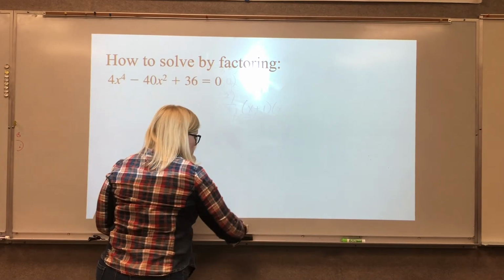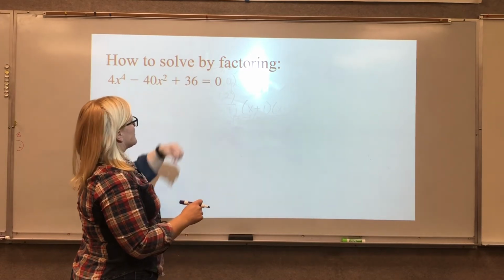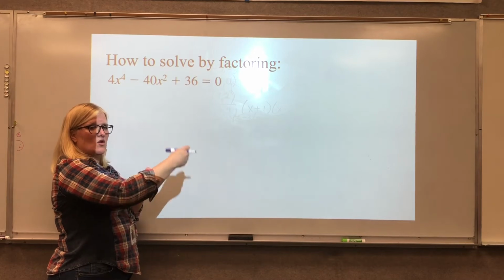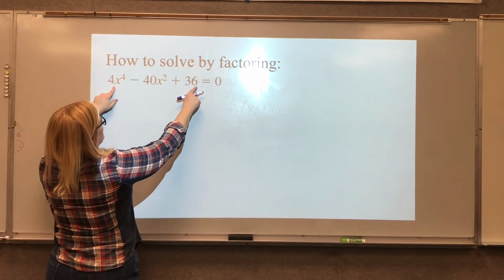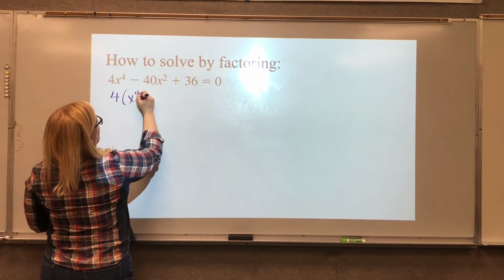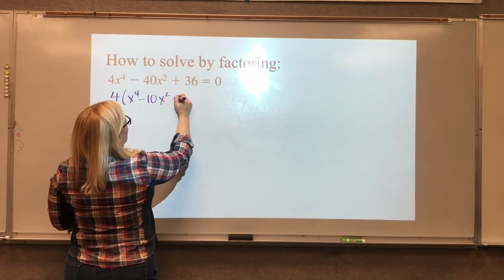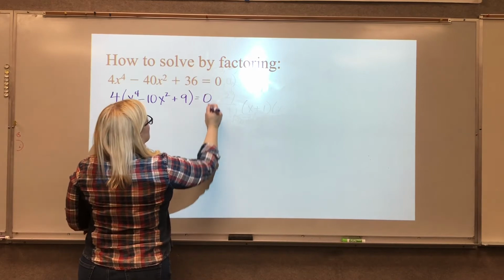This is one of the reasons why factoring is so important. All right, so we're going to factor this, and then we're going to look to see what values of x make those factors equal to 0. So first thing I'm going to do is I'm going to factor out a 4. And I'm left with x to the 4th minus 10x squared plus 9 equals 0.